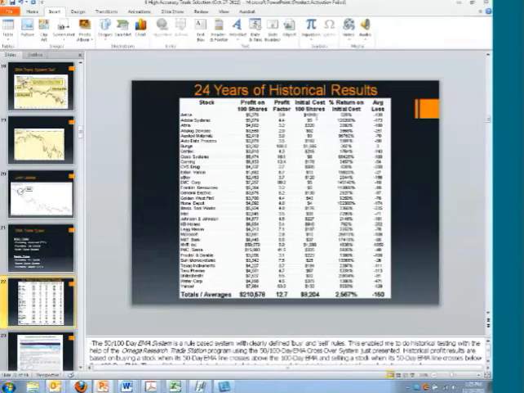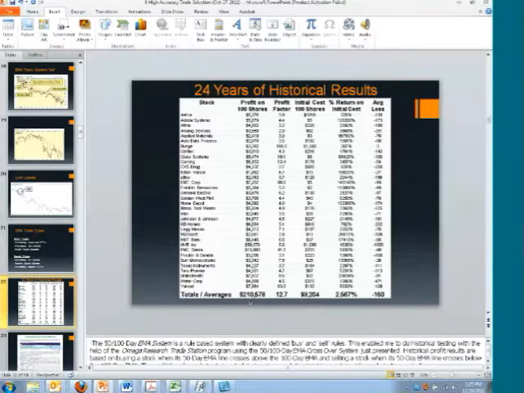To purchase 100 shares in this list of stocks initially would have cost $8,204. And over the 24-year period, that initial $8,200 investment produced over $210,000 in profits.